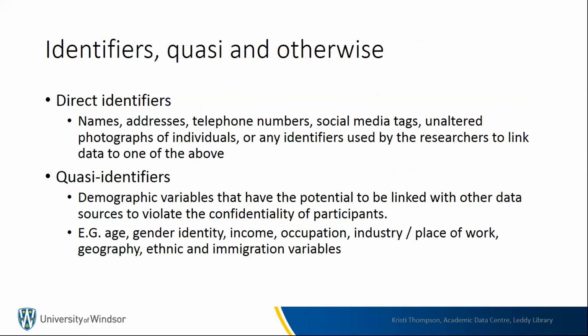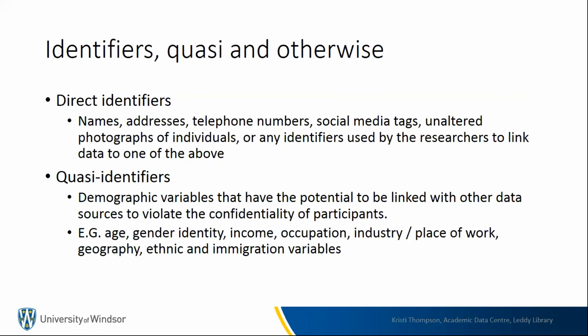A bit more about identifiers. A direct identifier is something like a name, address, a telephone number, maybe a social media handle, an unaltered photograph, or any identifier used by the researchers to link data to one of the above. So something that you could just take and look a person up and you'd find out who they were.